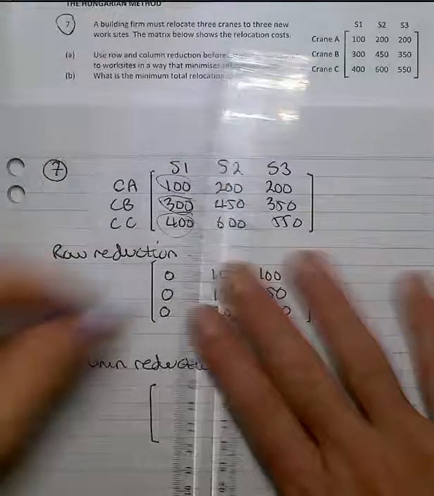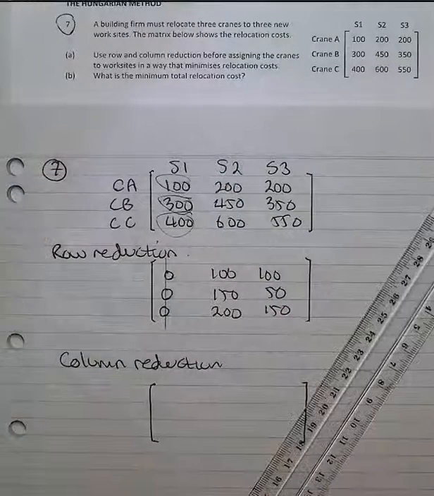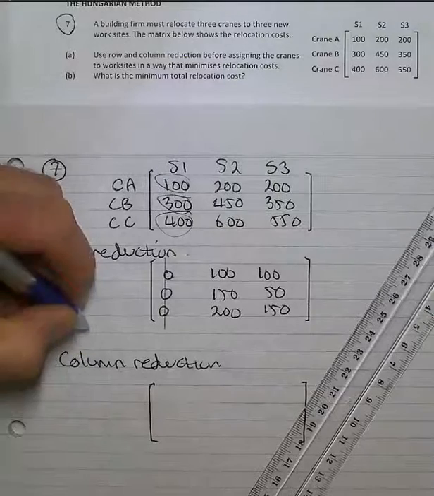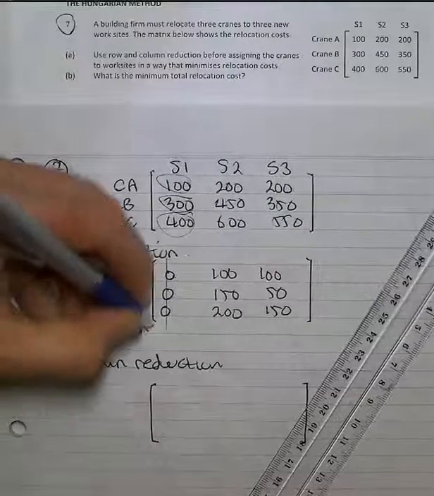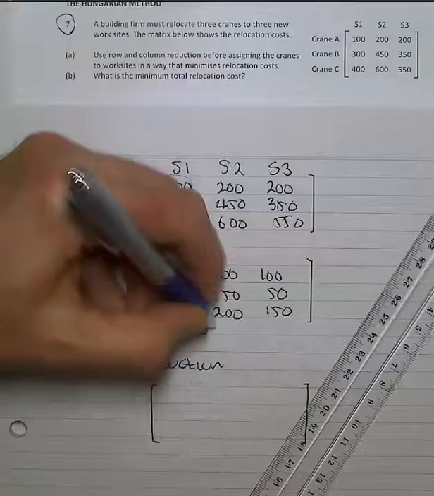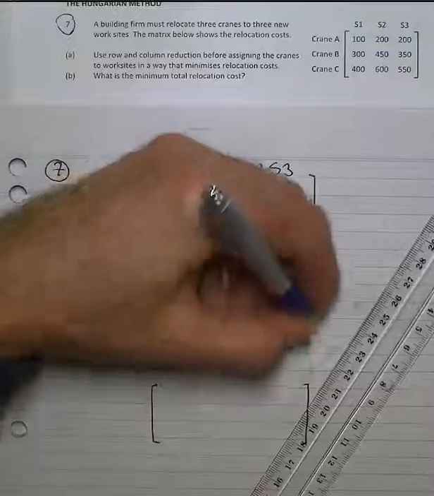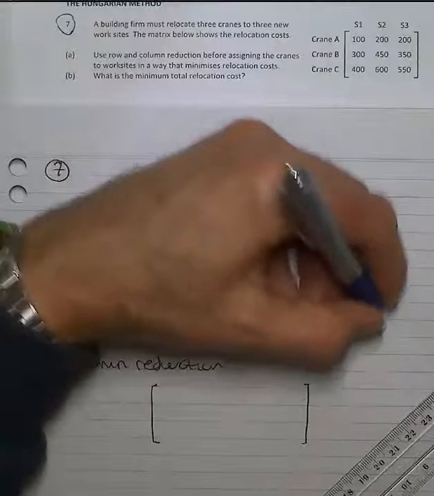Now, just the one line crosses the zero, so we can't allocate. S1 and S2 remain unassigned.